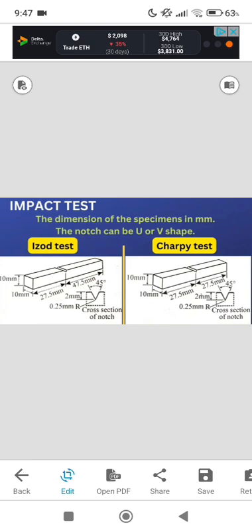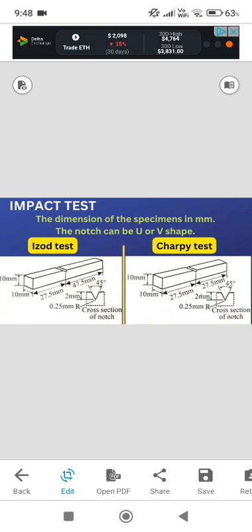In the Charpy test, the length of the specimen is 55 mm, and the center portion of the specimen is marked. The V notch is created at that point. In the Charpy test, the V notch depth is also 2 mm, the angle is 45 degrees, and the radius is 0.25 mm.